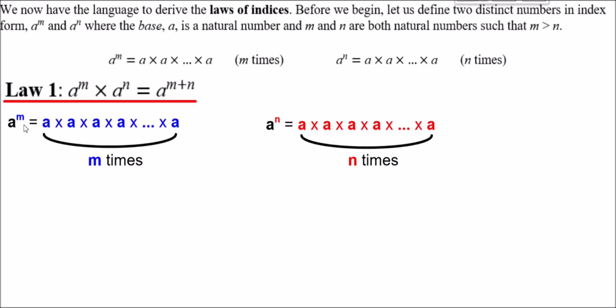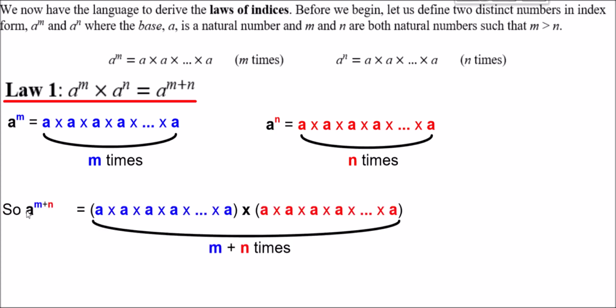So now we can think about combining these in some sense. If we now think of a to the power m plus n, what that's going to be is a times a times a, all these blue a's, multiplied by all these red a's in a line. If we multiply these together, we're going to have m plus n lots of a, which by the definition of a power is a to the power of m plus n, because it's m plus n lots of a in a line multiplied together.